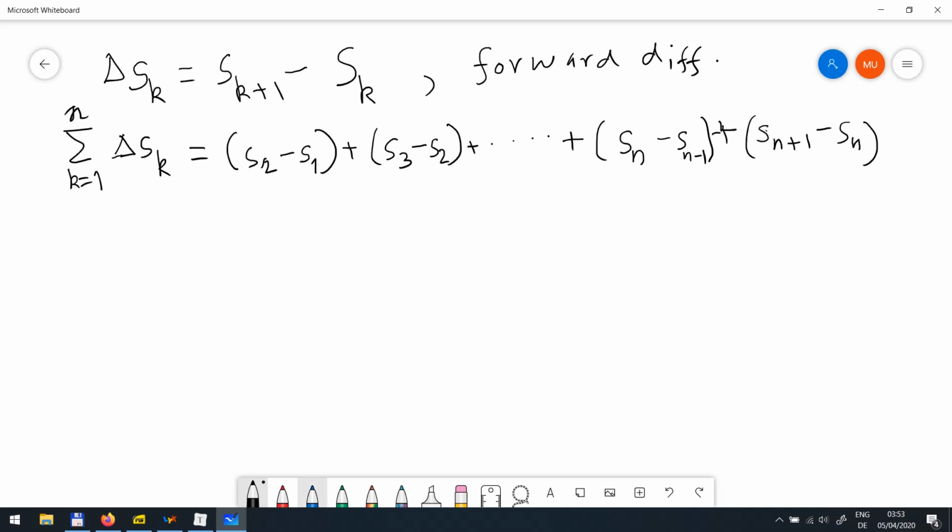Notice something very interesting here. This S2 cancels with this S2 because of the plus and the minus. This S3 must cancel with something there because this S3 will appear with a minus sign. Similarly, this Sn cancels with that Sn.